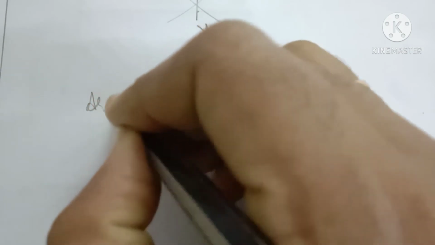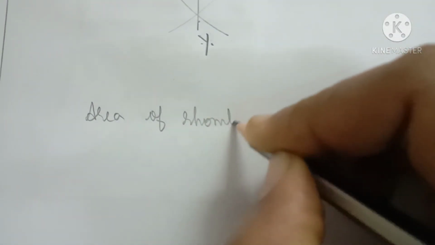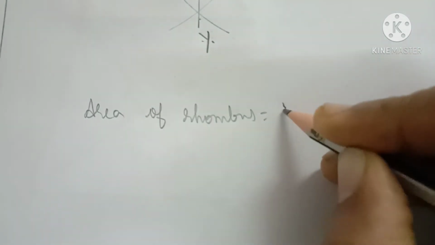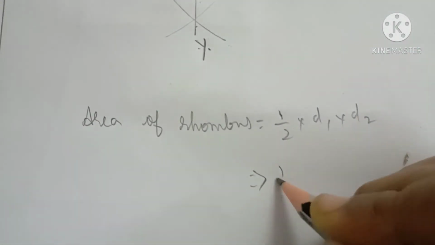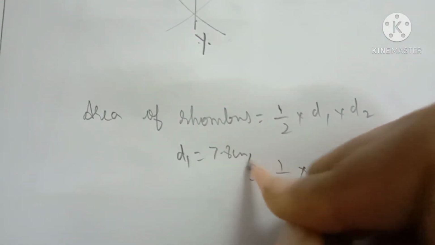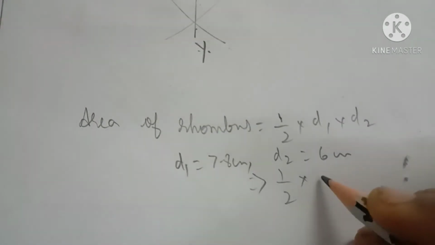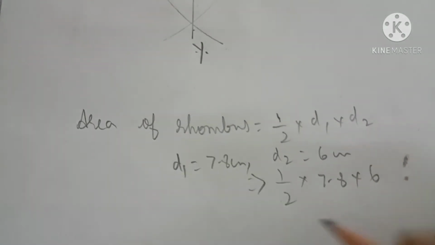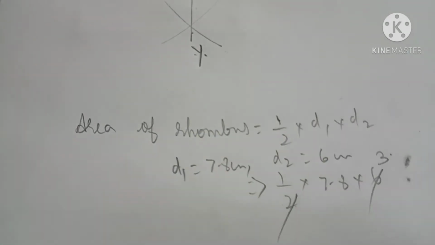Next, you know very well, area of rhombus is equal to half into D1 into D2. D1 value is 7.8 centimeter. D2 value is 6 centimeter. Therefore, half into 7.8 into 6. So, if you cancel in 2 table, 2 3s are 6.